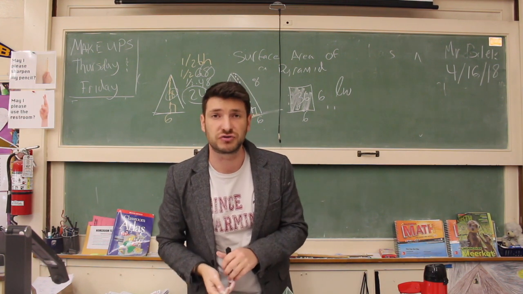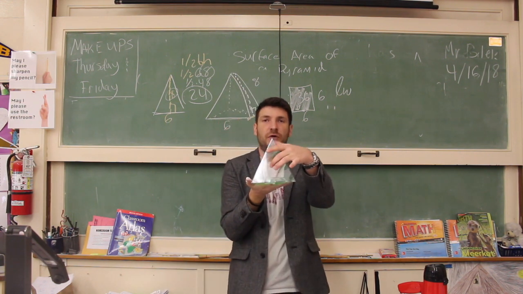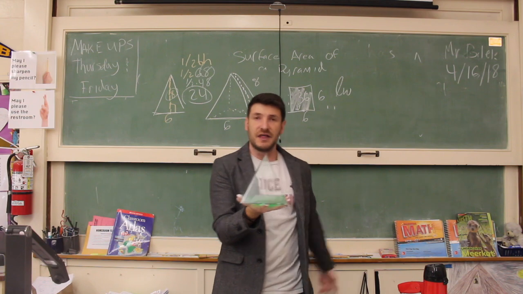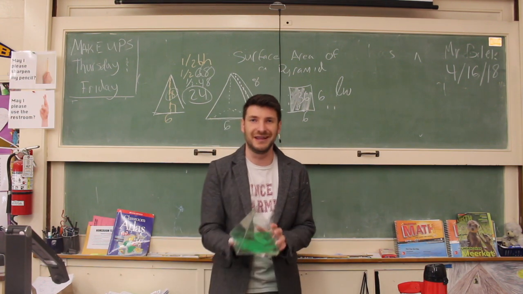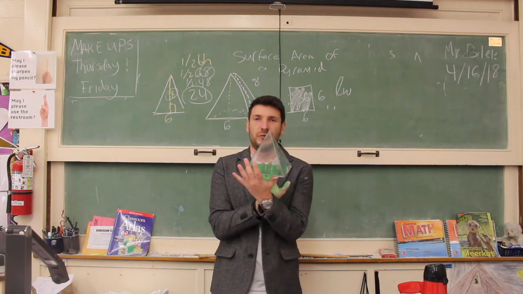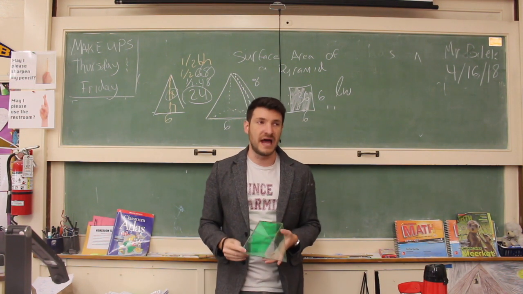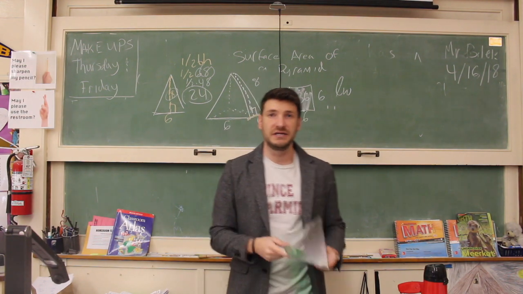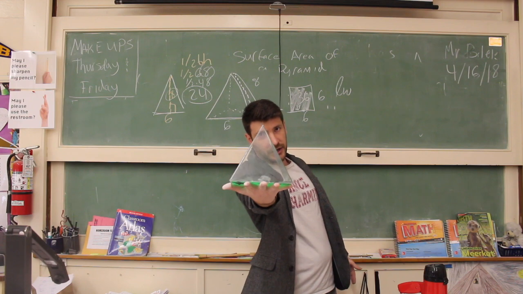And if 4 of our sides are the same, and this one is 24, that means that you guessed it, this one, 24, this one, 24, and finally, last but not least, this one would be 24. So, we now have all the pieces we need to find the surface area of our pyramid.